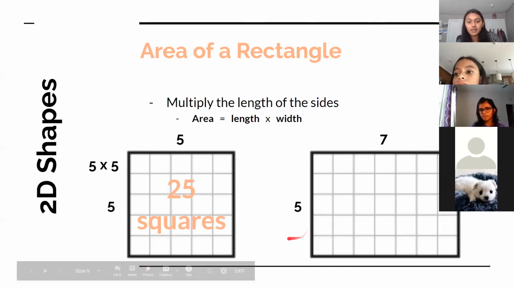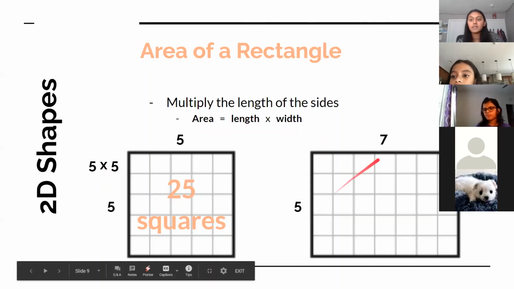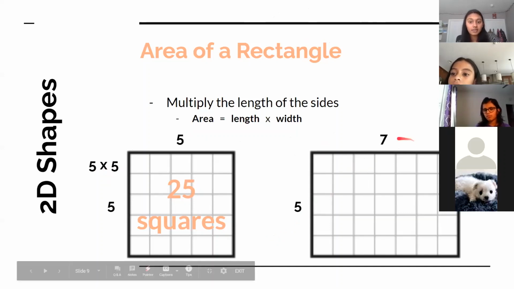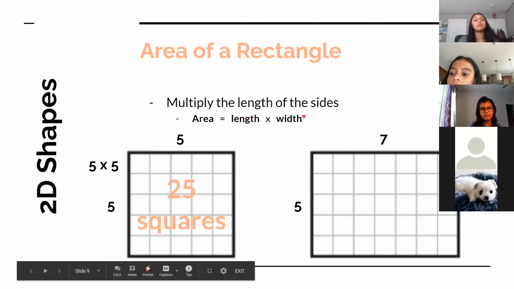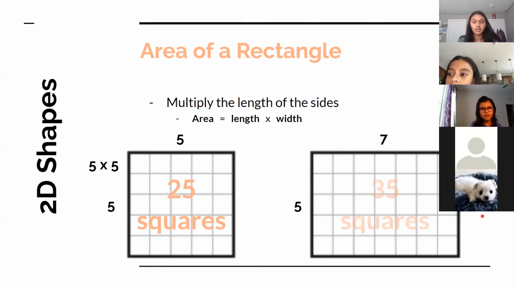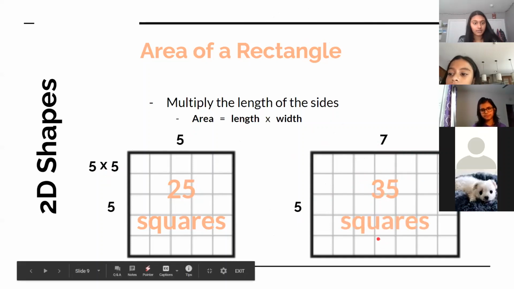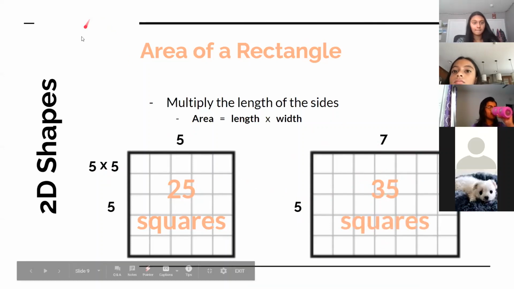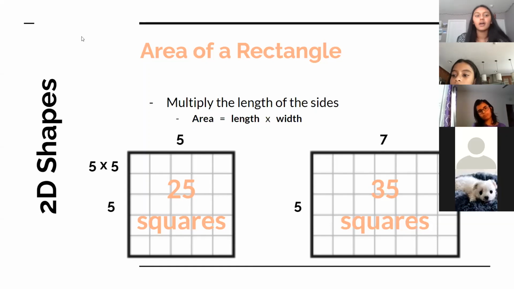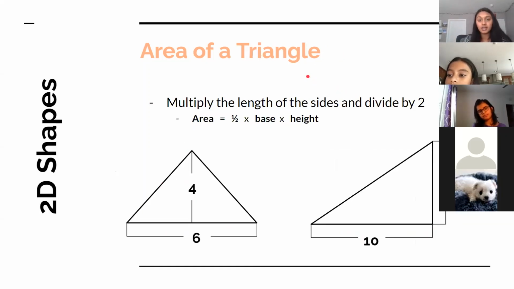The length is 7, the width is 5. And again, it can be 5 times 7 or 7 times 5. Either one is okay. And you're going to get 35 squares. Okay? So that's area of a rectangle.